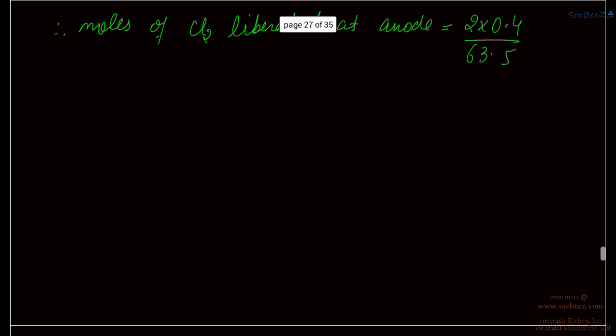Since 1 mole of Cl2 is liberated by using 2 moles of electrons, its value will be half. So hence we will halve that value, and it comes out to be 0.4 upon 63.5. This is the number of moles of Cl2 that will be liberated at anode.